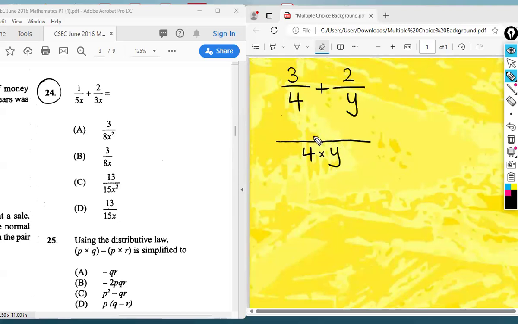Don't even put 4y. Just put 4 multiplied by y. That's the two denominators. The 4 and the 4 will match up here, so it always leaves you with what it doesn't match up with. So 4 into this leaves you with y. Whatever you are left with, which in this case is y, you multiply by the top.